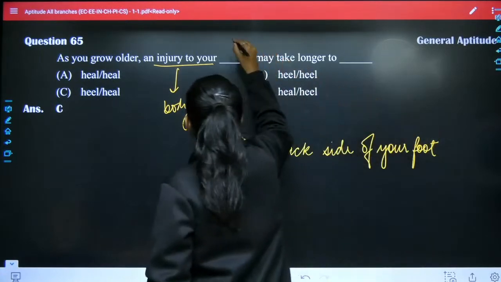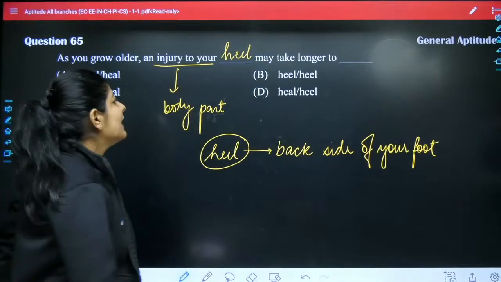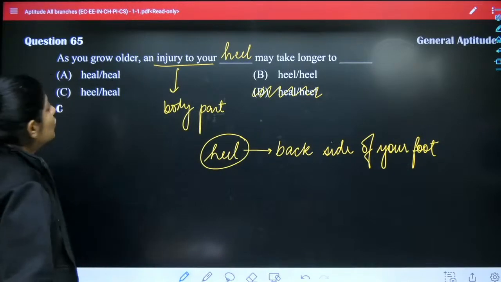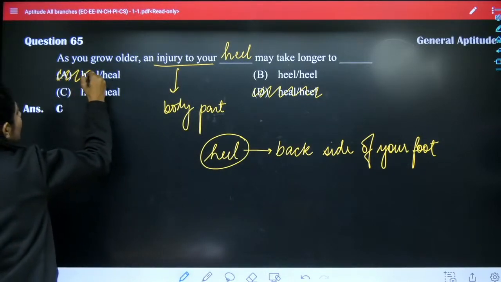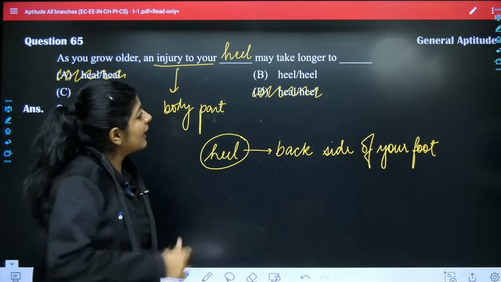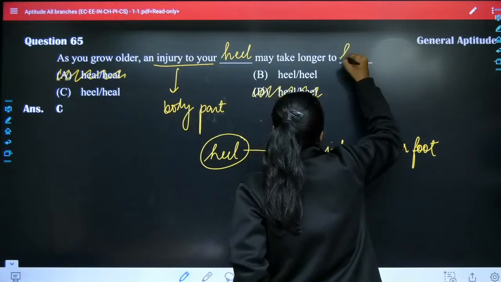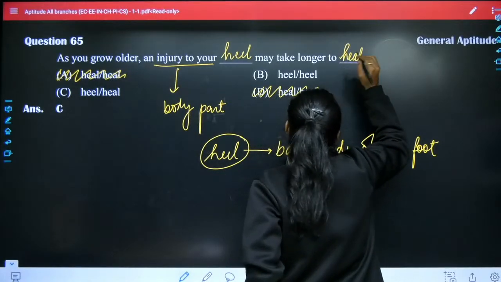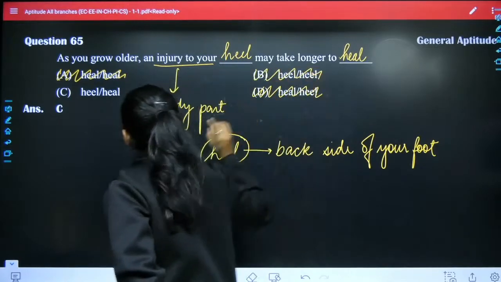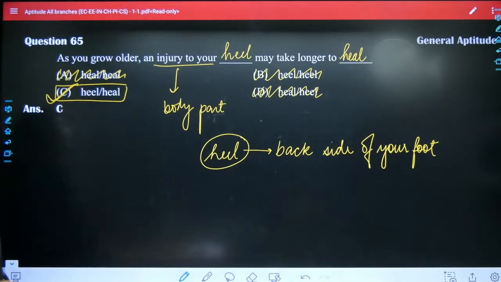That means the first filler should be heel. So option D is eliminated and option A is also eliminated. Now it may take longer to heal. So we are getting the sense of heal from the word heel. That means the correct answer is option C.